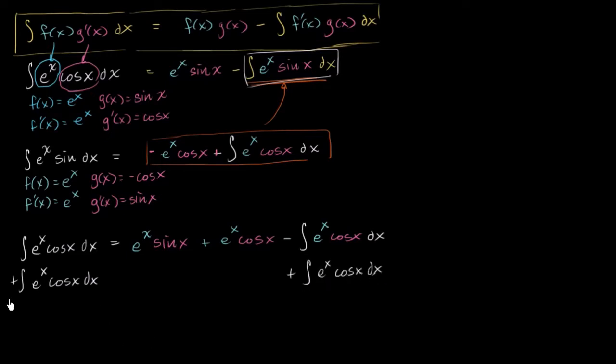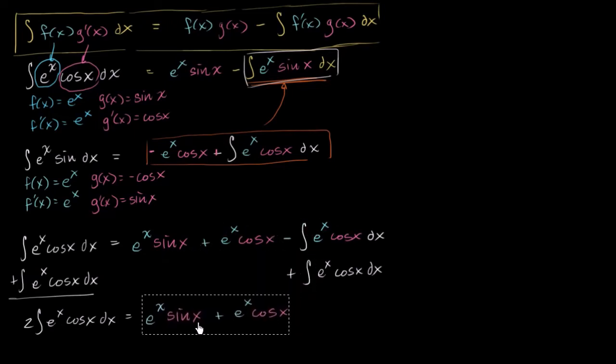And what do you get? Well, on the left-hand side, you have 2 times our original integral, e to the x cosine of x dx, is equal to all of this business. I'll copy and paste it. It's equal to all of that. And then this part right over here cancels out.